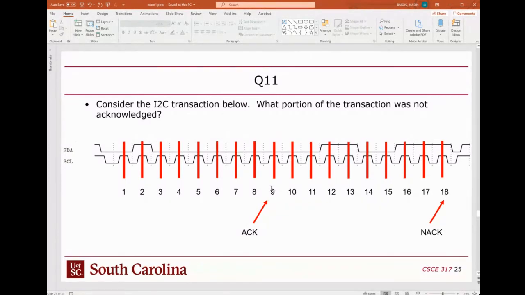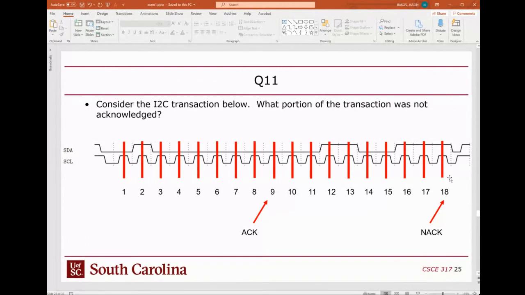Bit 9 is the acknowledge after the address phase, the address part after the address is sent. And then bit 18 is the acknowledge after the data part, and you can see that the SDA bit is high in that case.